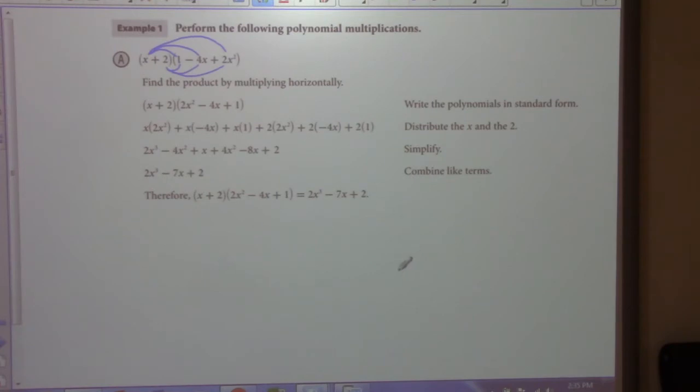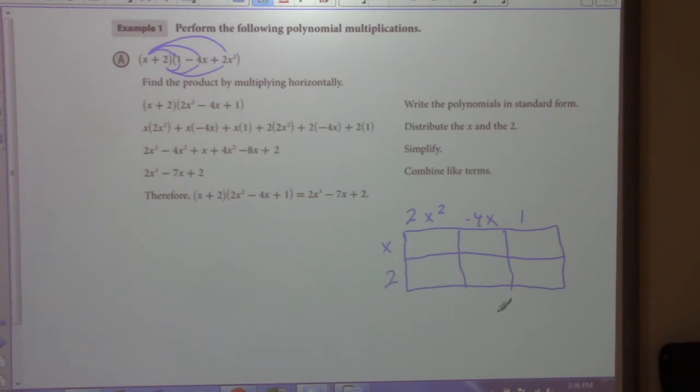The way I like to do this is, seeing that we have a binomial times a trinomial, I like to set up a box in a configuration like this with 2 rows and 3 columns, and up here above the columns we write each term of the trinomial. So I'm going to put 2x squared up here, and then minus 4x, and then finally we have plus 1, and then on the side we put x plus 2.